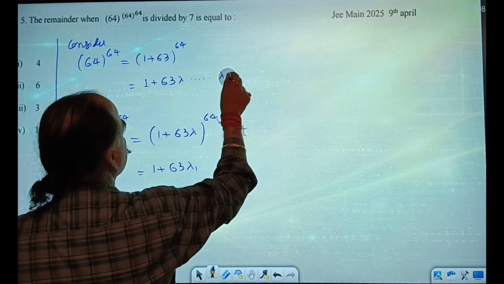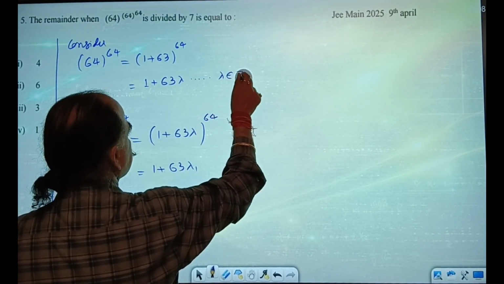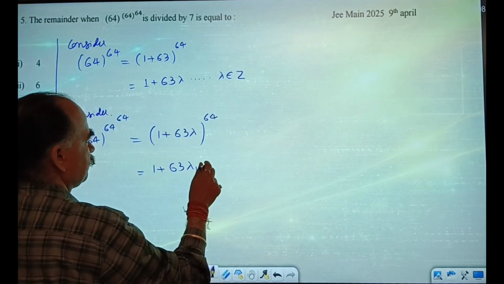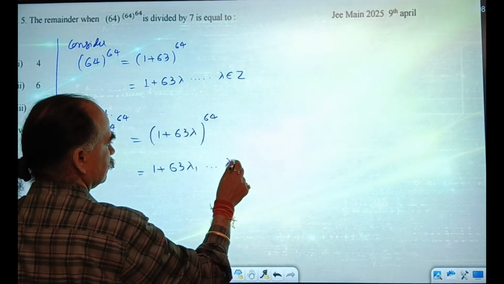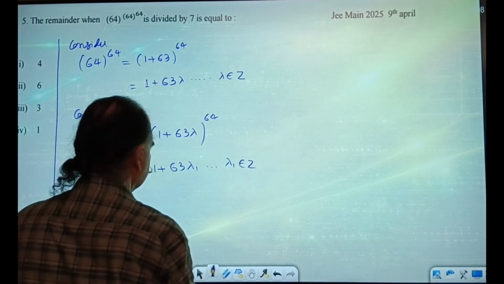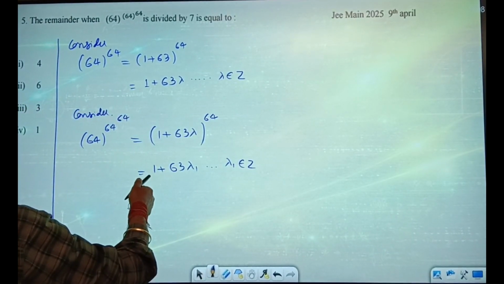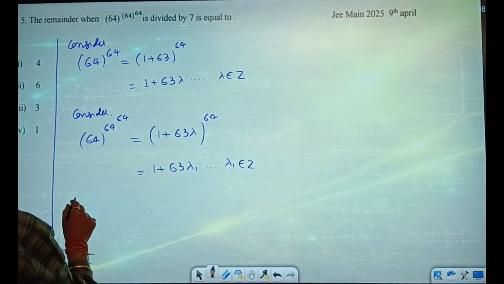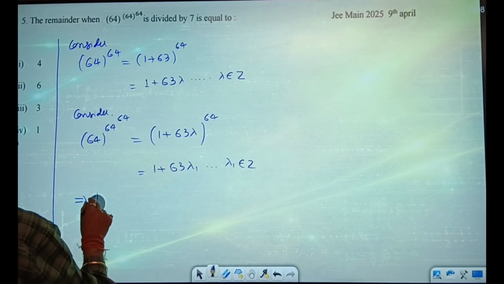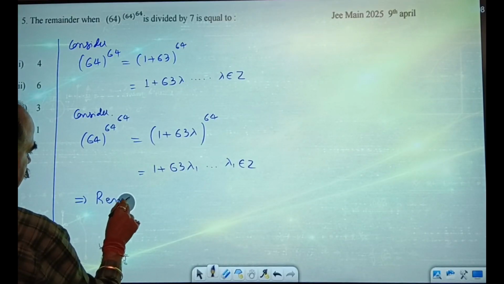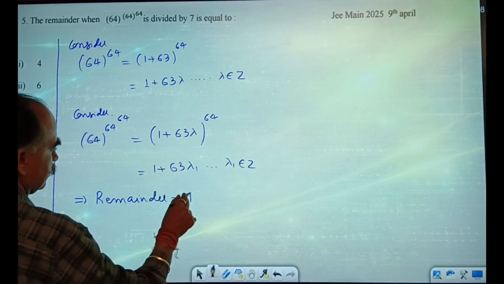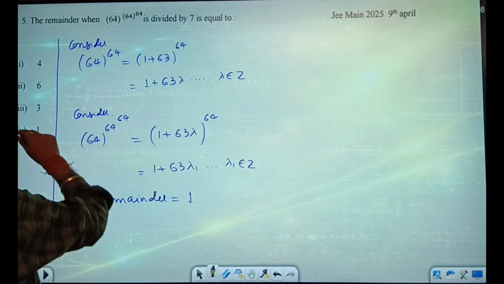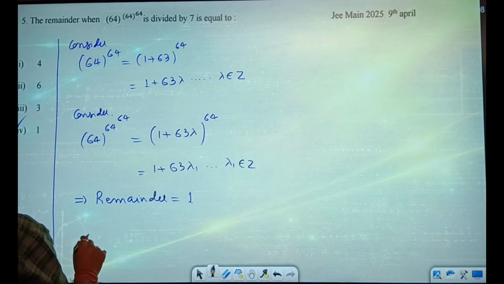Lambda belongs to the integers. Here also lambda 1 belongs to the integers. So this is divisible by 7. The remainder is 1. Answer 4.